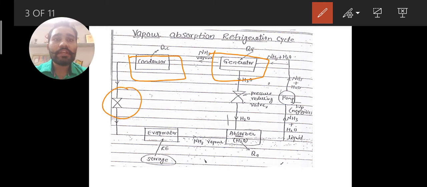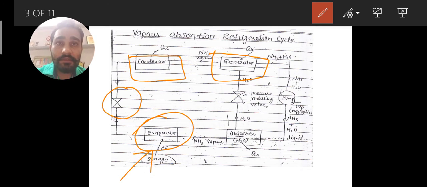This one is the expansion valve, and in the evaporator we are supplying heat from the storage materials. It may be human beings or fruits or vegetables, milk, etc. In the absorber again we are rejecting heat, just like the condenser.